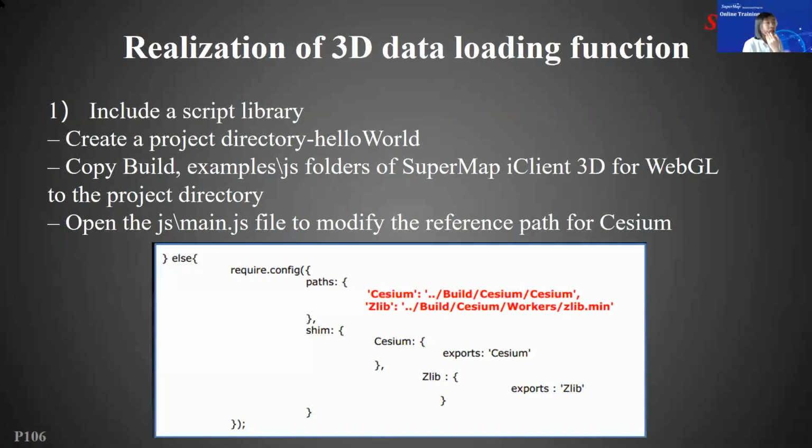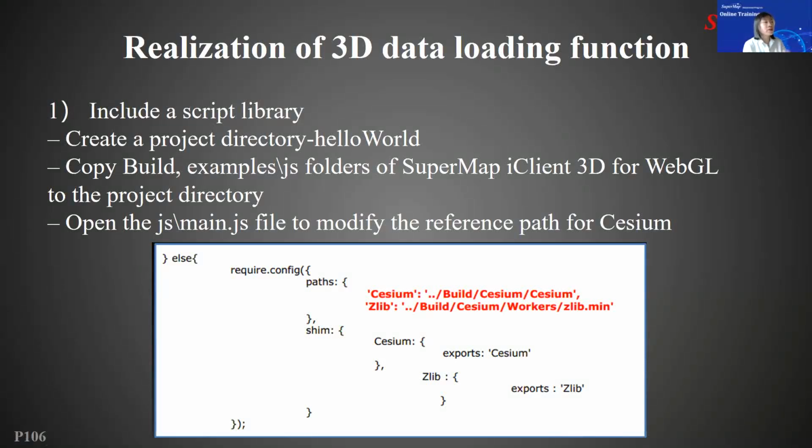First is to add the reference libraries, because in the iClient 3D for WebGL, we will use Cesium. So we have to add the script library for Cesium. In our products, we already set all the paths in main.js, so you just need to follow the structure of these folders.